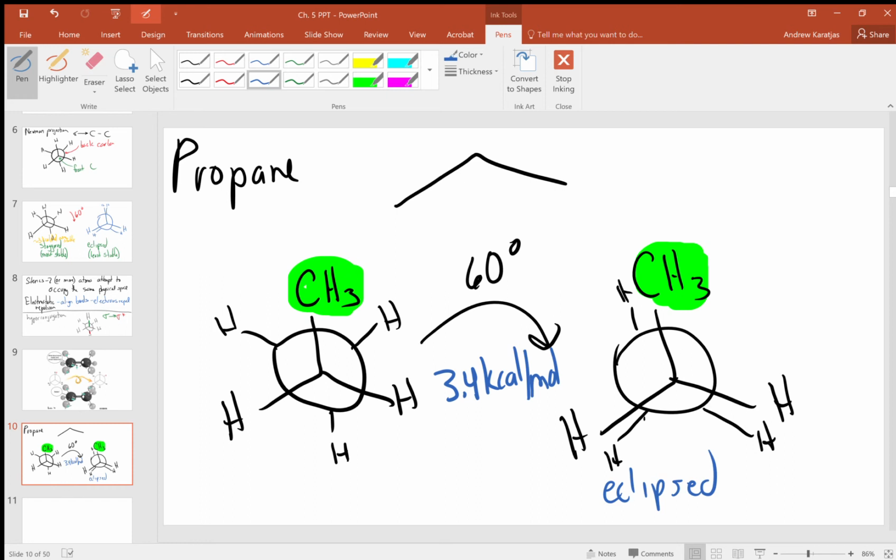So again, take your model of butane and take a look at the possible conformational isomers there.